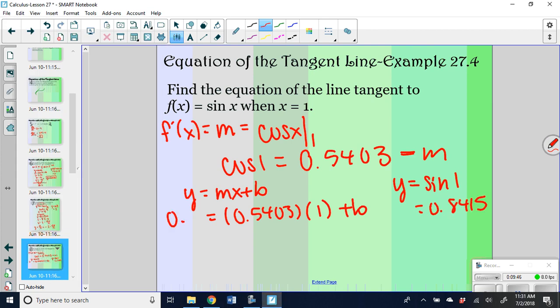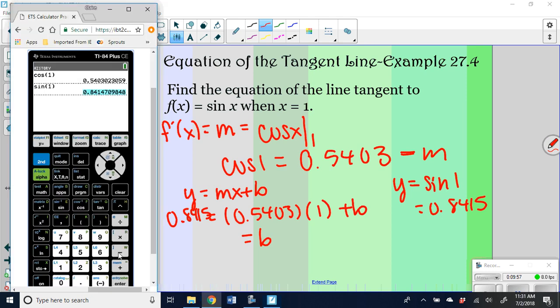Okay, so if you solve for b, you should get 0.3012.